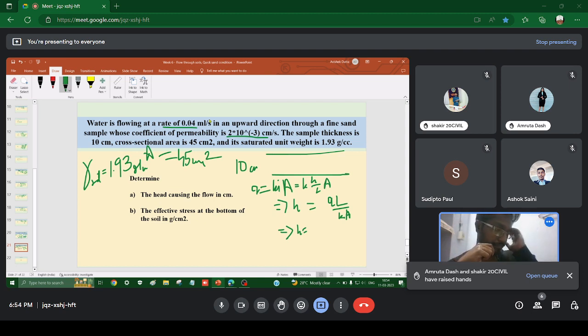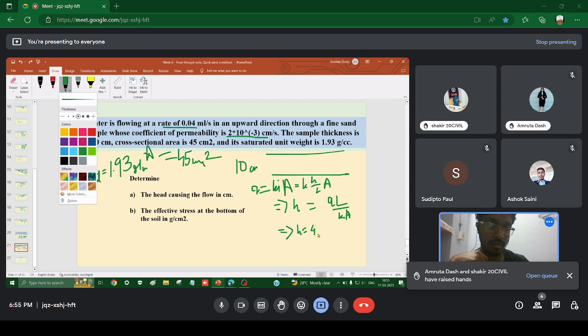Value of H? 4.44, isn't it? 4.44 centimeter.